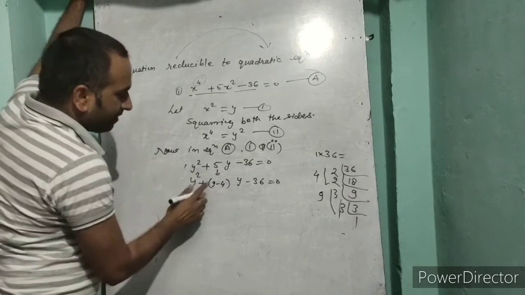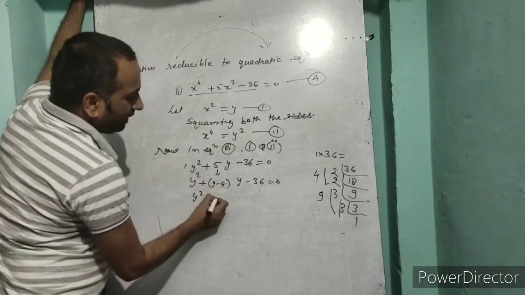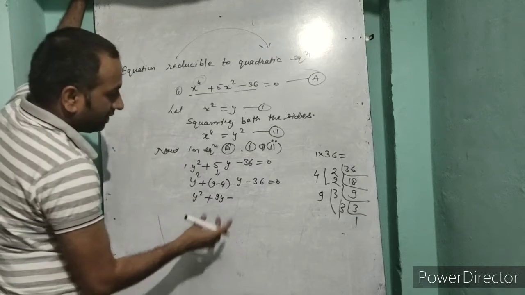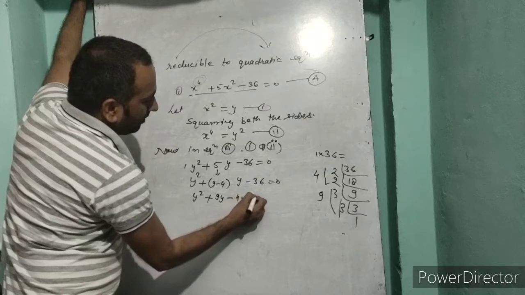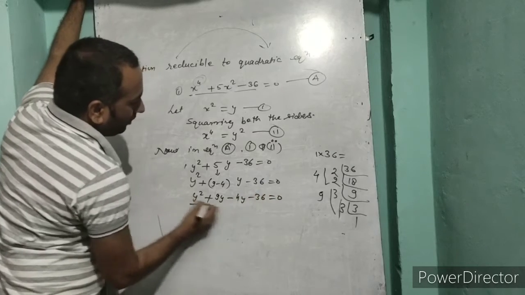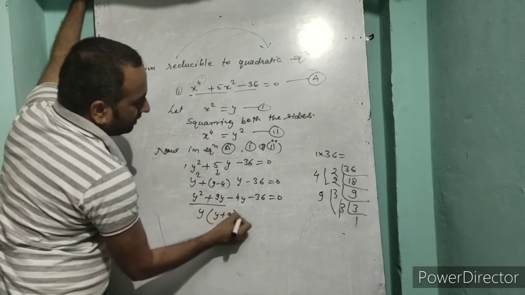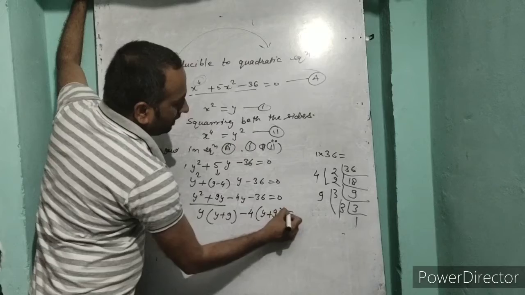Now multiply. So y square plus y into 9, 9y minus, I am going to open your brackets, actually minus 4y minus 36 is equal to 0. What is common here? y is common here. So this will give you y plus 9, and here minus 4 is common. You will get y plus 9 is equal to 0.